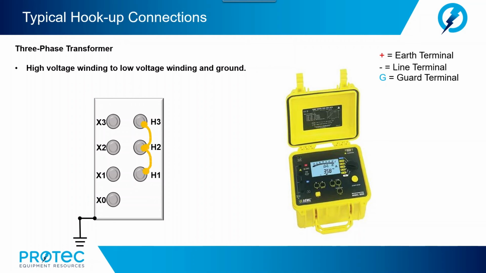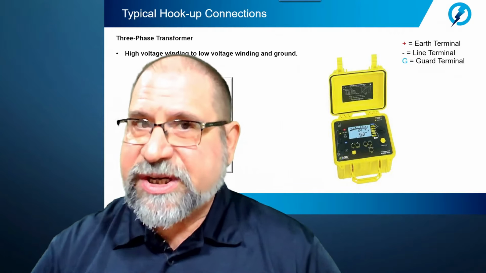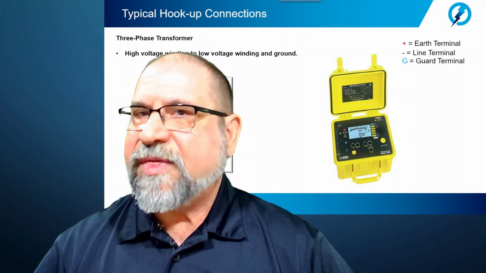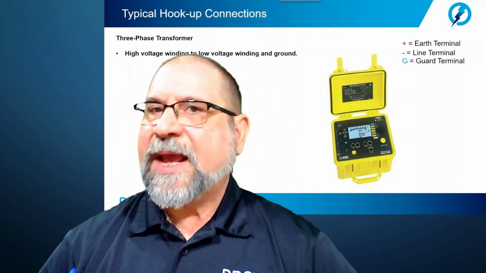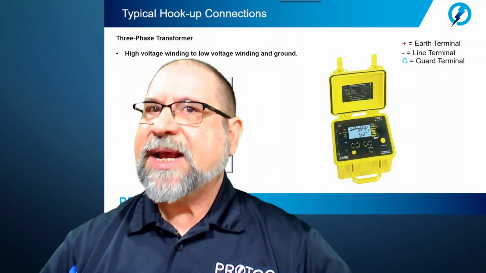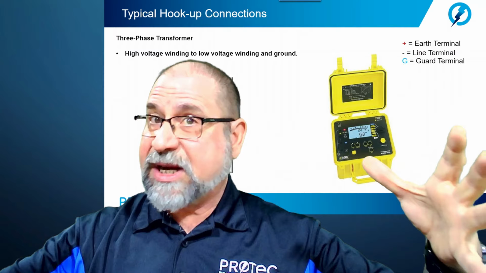Now, for safety, we jumper and short out the windings. The reason we do this as a safety initiative is the windings are large coils. They have inductance. As you apply a potential and begin energizing, a magnetic field begins to build across the inductor.